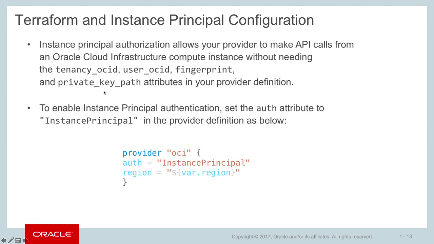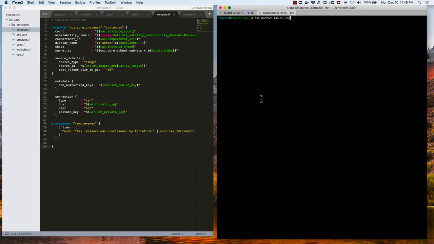So those attributes I can eliminate from my configuration because I'm going to give my instance, the compute instance that I created where I have Terraform installed on OCI, permission to do the API calls and interact with my infrastructure without the need to authenticate with a private key path or a user. You configured the instance principal.